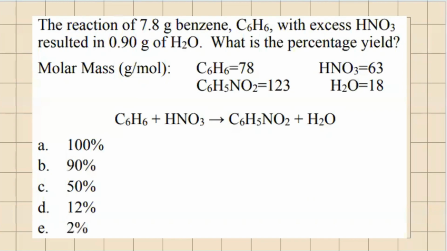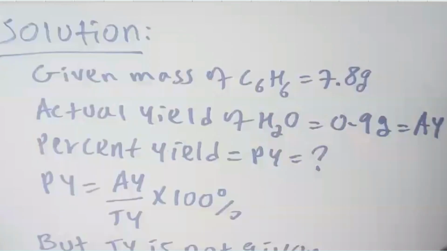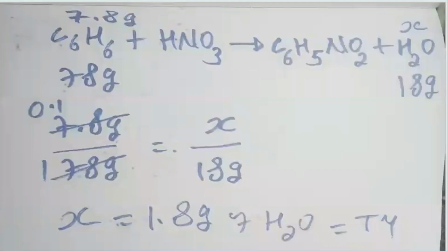Percentage yield equals actual yield divided by theoretical yield multiplied by 100%, but the theoretical yield is not given. So you have to calculate the theoretical yield first.